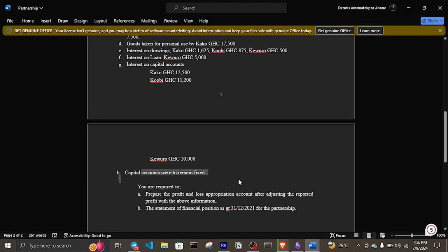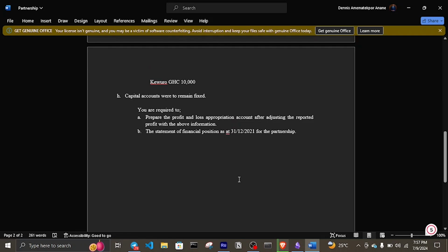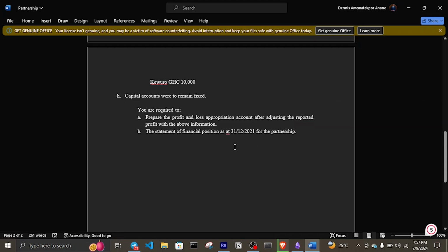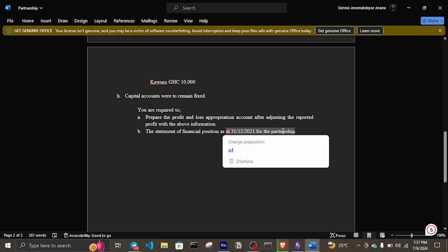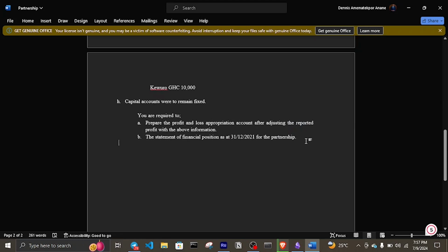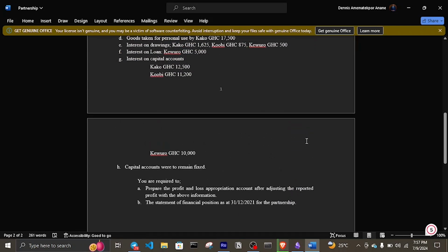You are required to A. Prepare the profit and loss appropriation accounts after adjusting the reported profit with the above information. And B. Provide the statement of financial position as at 31st of December 2021 for the partnership. Be reminded that the statement of profit or loss for the period is this table we have here.